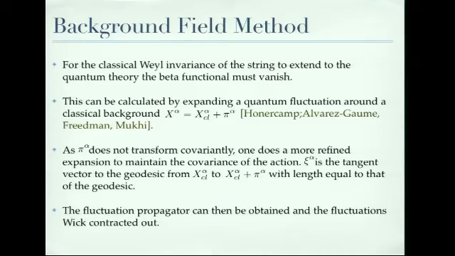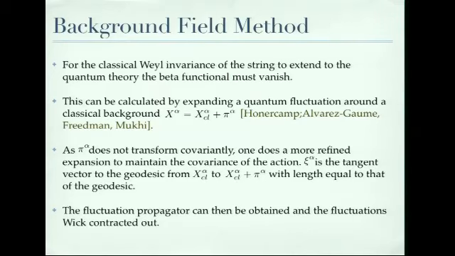So at one loop, for classical Weyl invariance to extend to the quantum theory, the beta functional must vanish. And how we calculate this is by looking at a quantum fluctuation around a classical background.